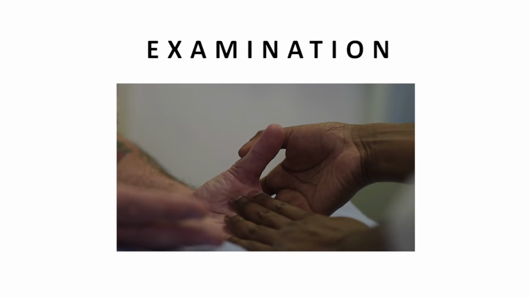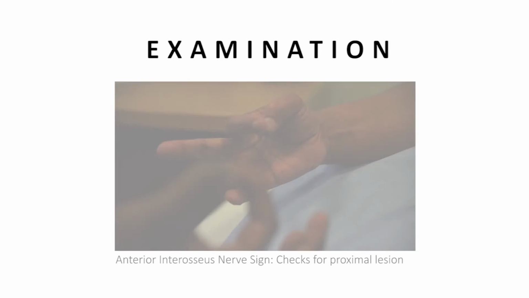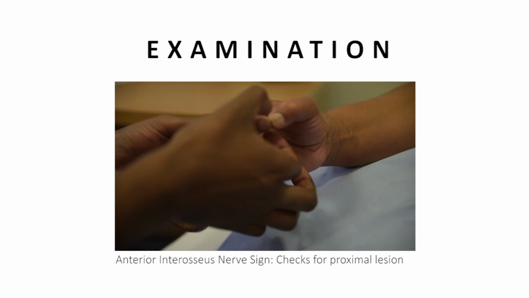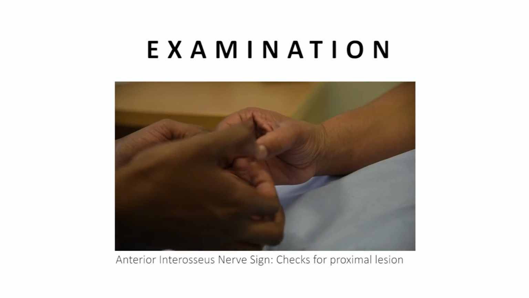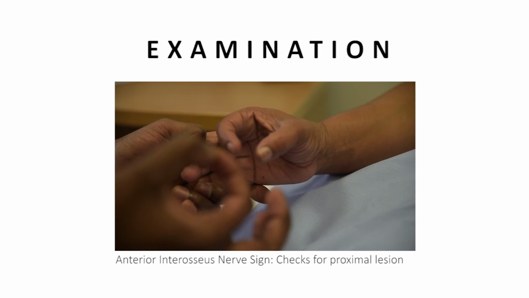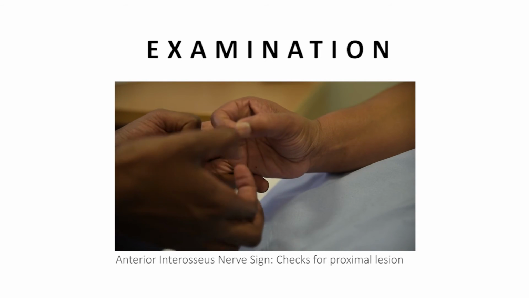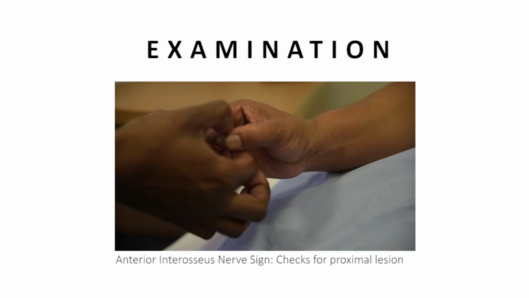This tests abductor pollicis brevis in isolation. You can also look for the anterior interosseous nerve sign. This is the inability to make an O with the index finger and thumb due to denervation of the FDP to the index finger and flexor pollicis longus.